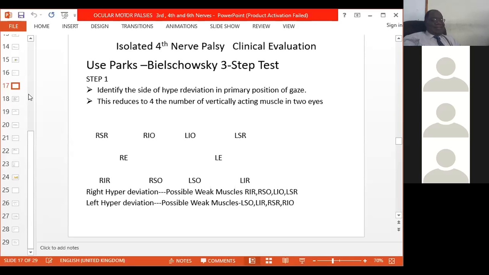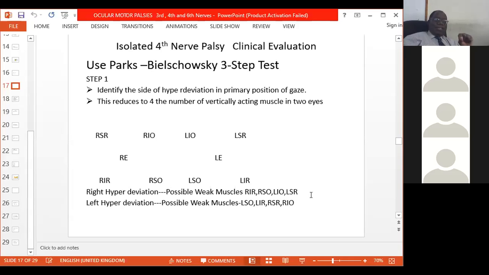Okay. Are you clear now there? Yes, yes. The hyperdeviated eye, it means the two depressors are weak, or the other opposite eye, the elevators are weak. That's why it is lower than the hyperdeviated eye. That's the concept here.